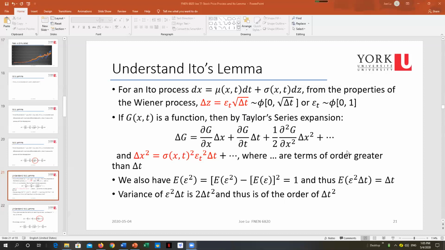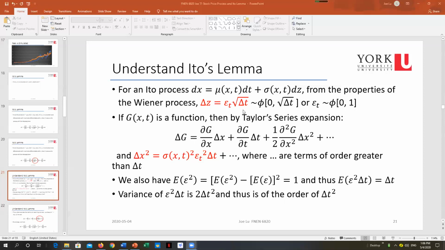So if you do a Taylor series expansion on G, dG will obviously be the partial derivative of G with respect to x times delta x, plus dG/dt times delta t, and you normally would drop all the second order derivatives and anything higher than first order as you shrink delta t and delta x to 0, because they go to 0 much faster and at the limit they disappear.